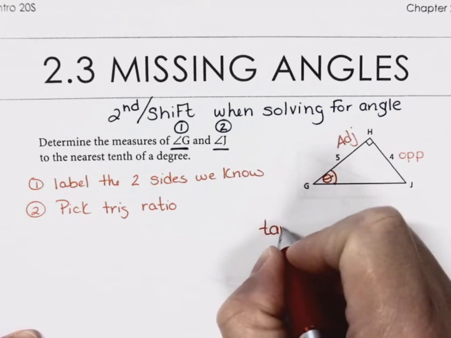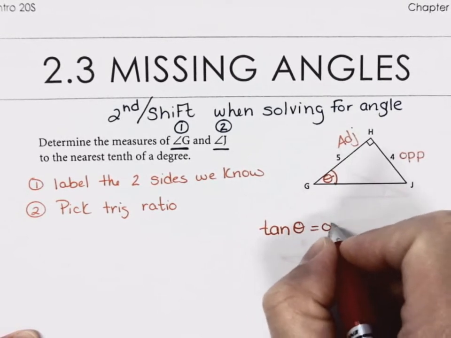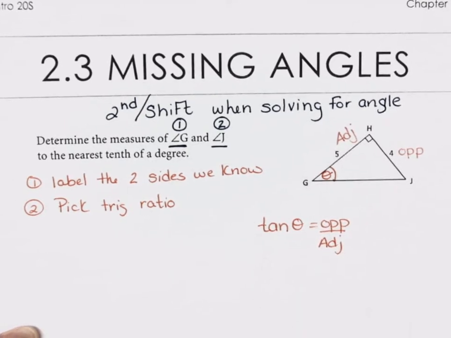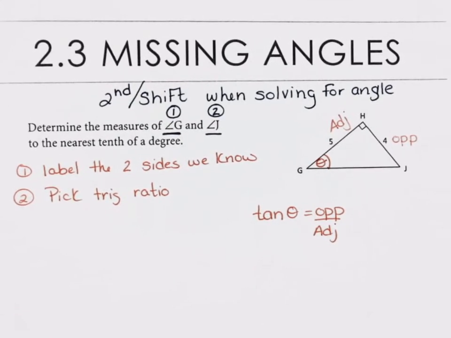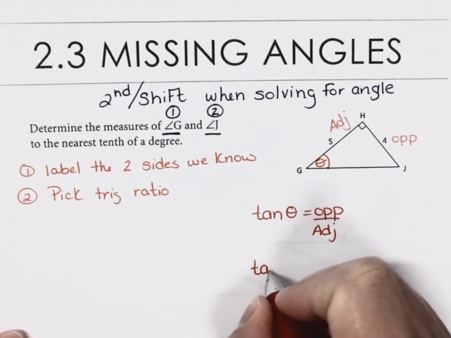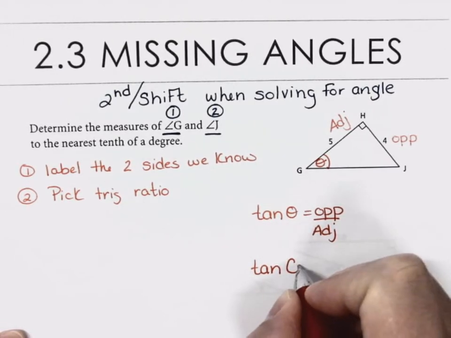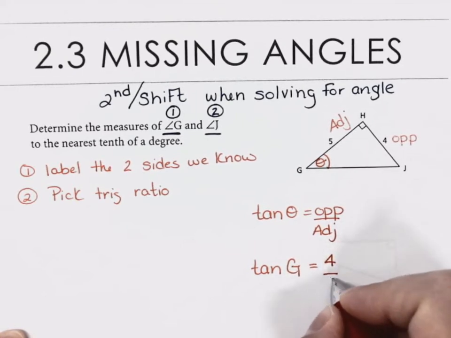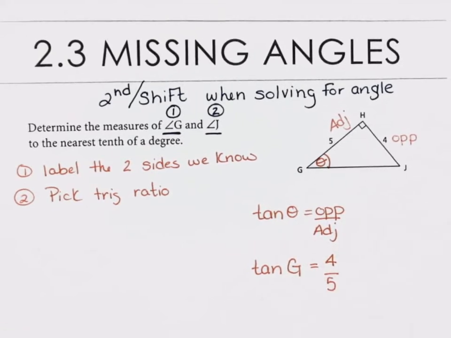So tan theta is equal to opposite side over adjacent. And again, I always write the formula out just so that I can remember it over and over again. Second step, I'm going to fill in the information that I know. So I'm finding tangent of angle G. Opposite side is 4 over 5.